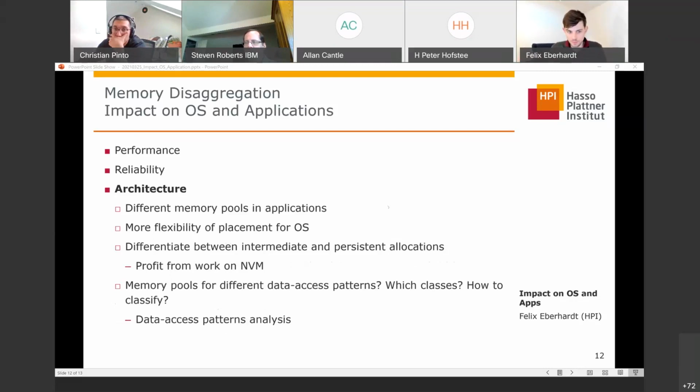And if your operating system also knows about your memory pools, it would have more flexibility of placement, right? So from an application point of view, you probably want to differentiate, on the one hand, intermediate and persistent allocations. We could here profit from work on non-volatile memory. And on the other hand, you can think about new memory pools for, for example, different data access patterns.